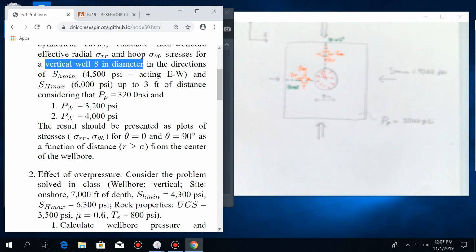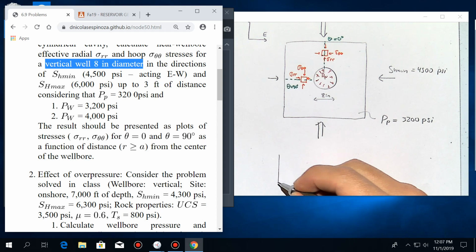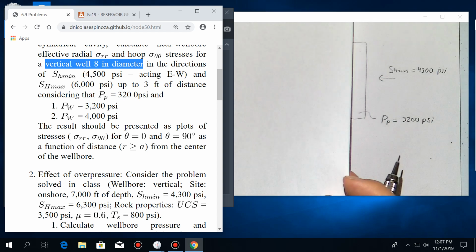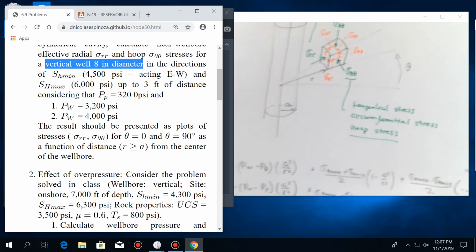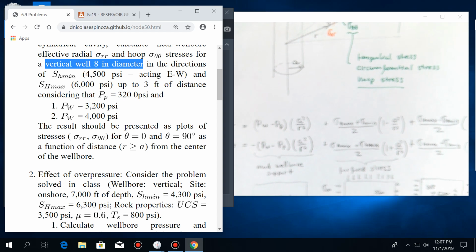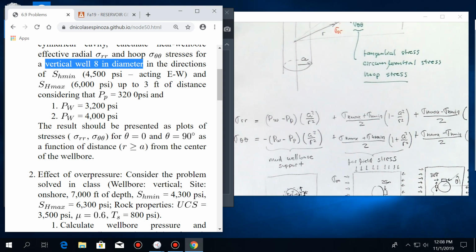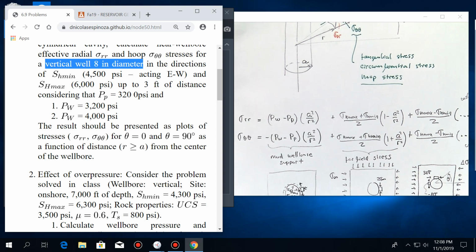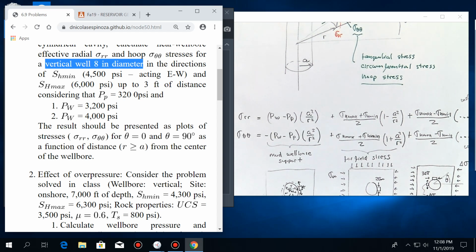The plots I want are plots in which this is R, and remember the equations are these are the equations. This is the Kirsch equation, and these two are a function of theta and R. Let me add this over here.